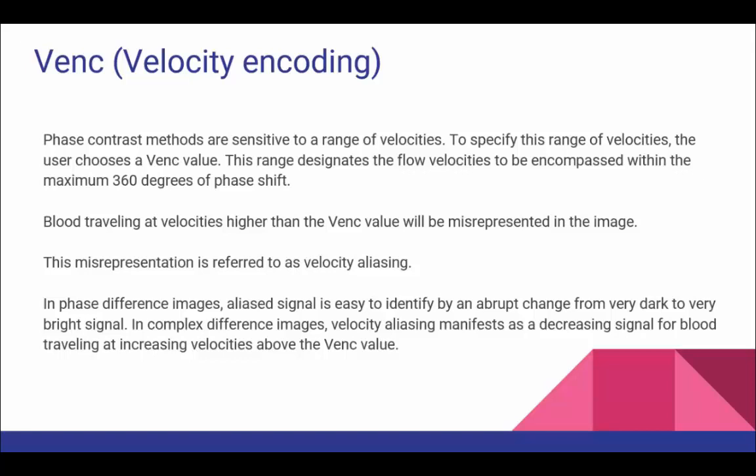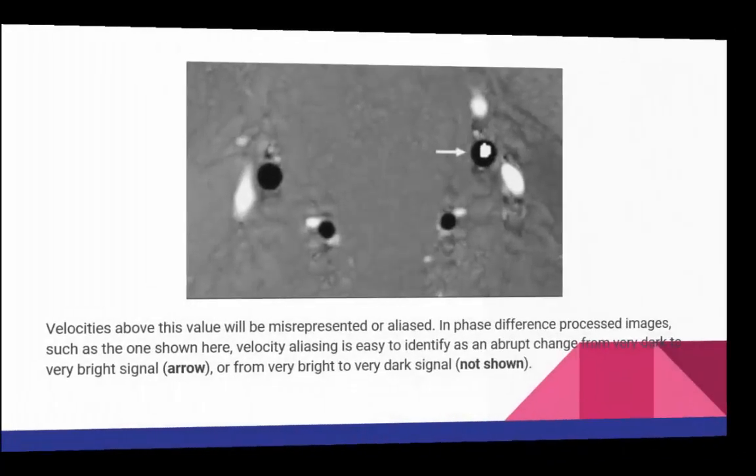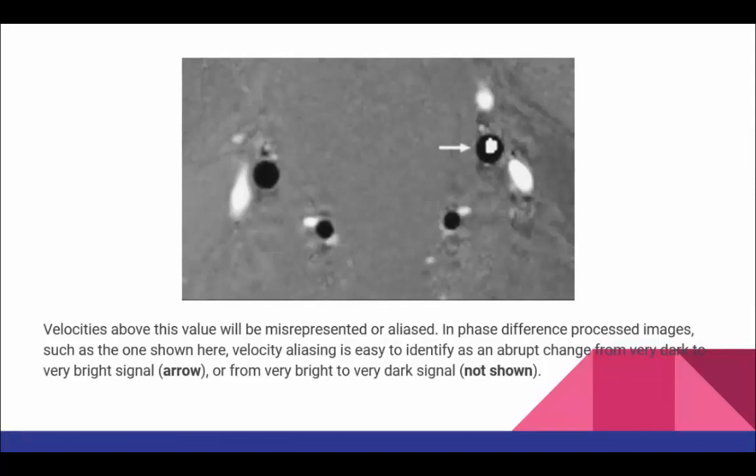Choosing a velocity encoding value that is too low or too high should be avoided, because it leads to all blood magnetization accumulating only small phase shifts, which result in low SNR and small signal range. You see an example here.